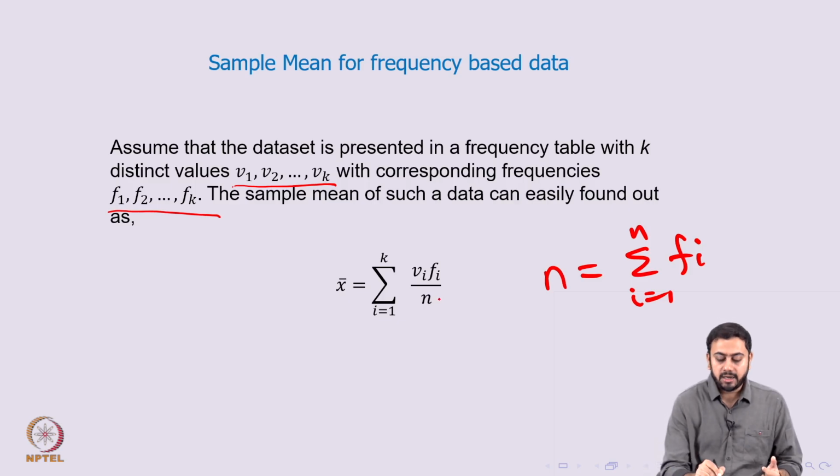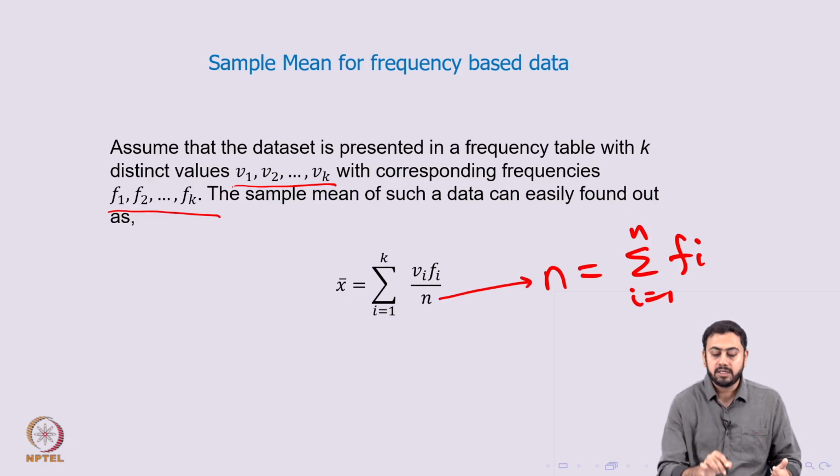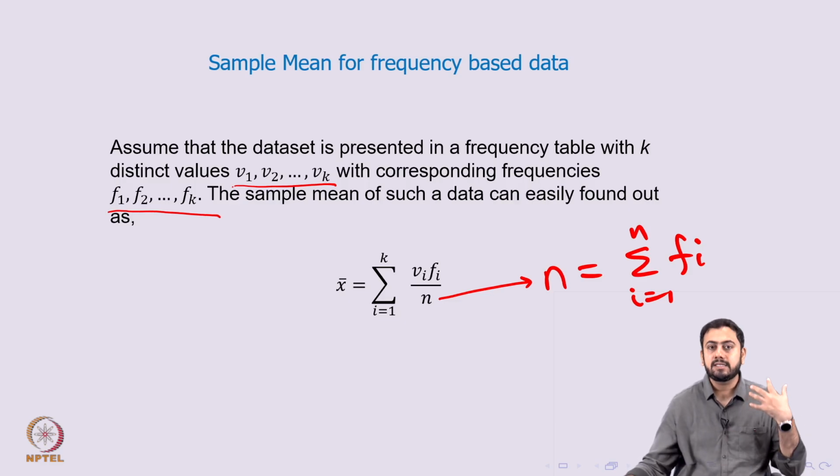So the formula is summation of each observation Vi into its corresponding frequency Fi, divided by summation of Fi, or n. It is a slightly different way of finding the sample mean when the data set is presented in a frequency table rather than in a single vector format.